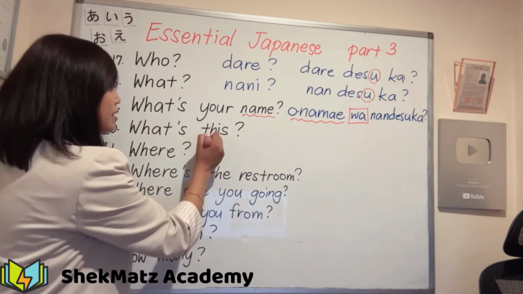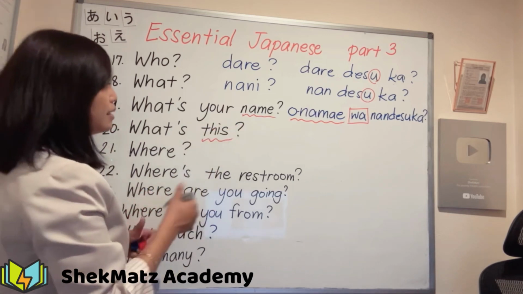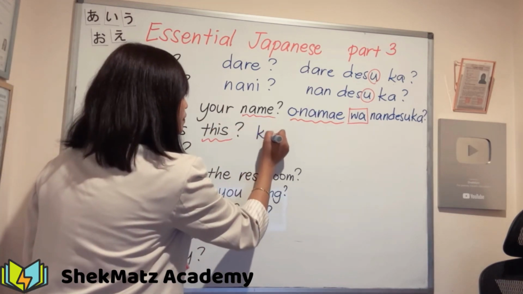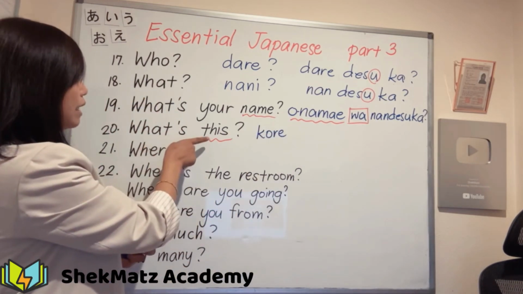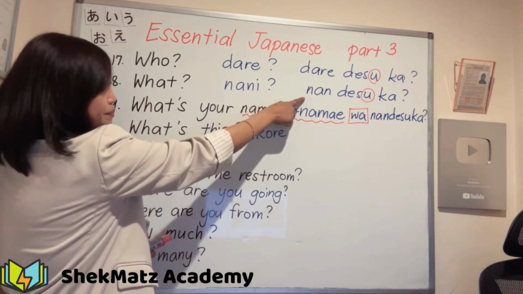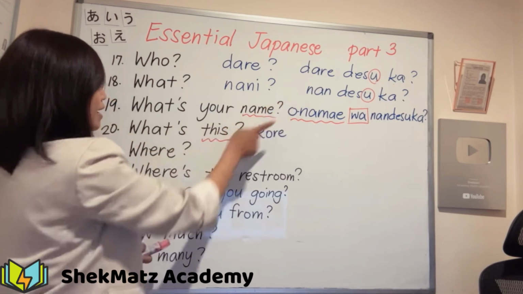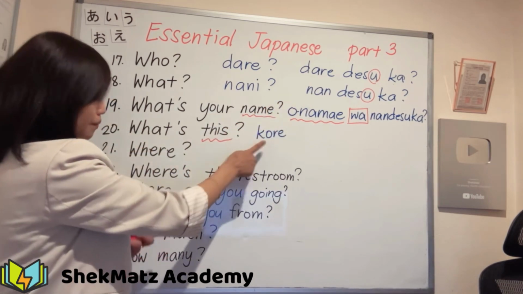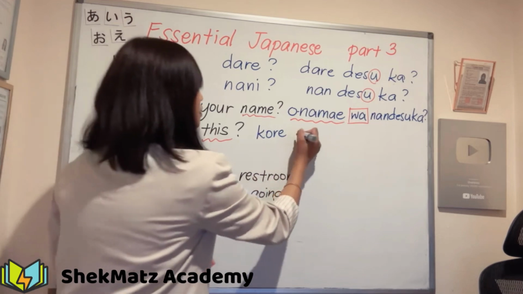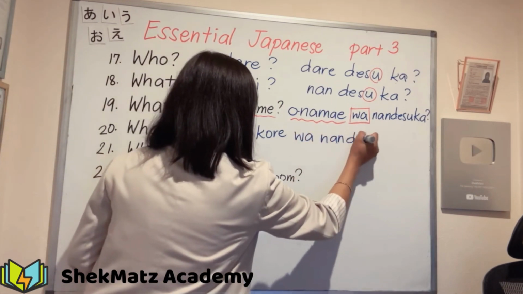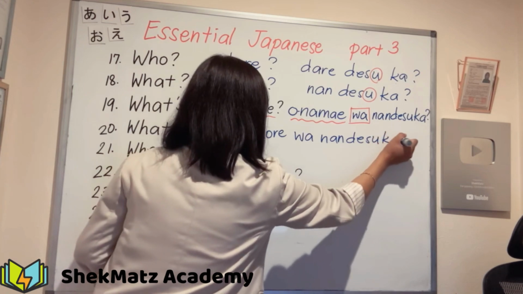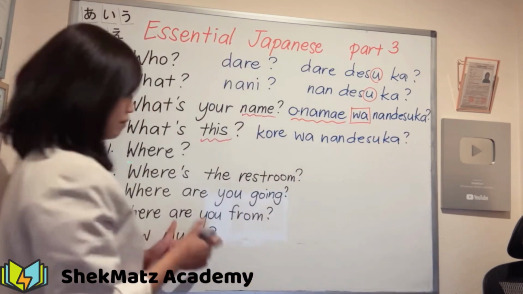So in Japanese, this is これ, kore. Okay? Now, これは what is nandesuka, right? So what's this will be これは何ですか, alright.